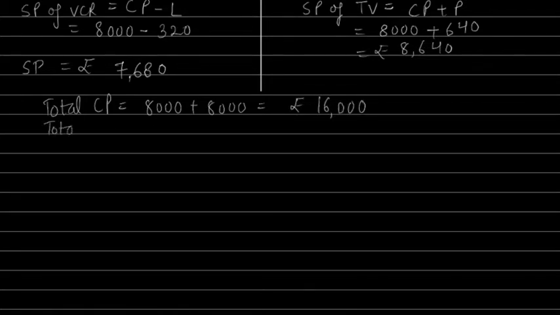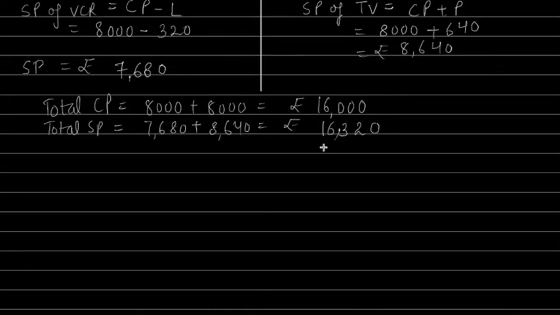Let's calculate total selling price. So 7,680 and this is 8,640. This will be how much? 0, 8 plus 4, 12, 3, 16. So this is 16,320.